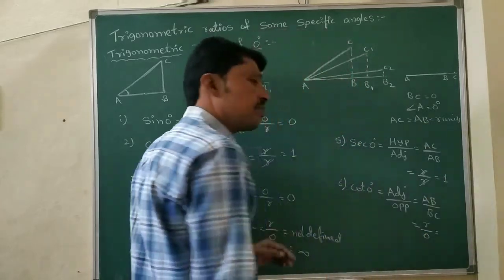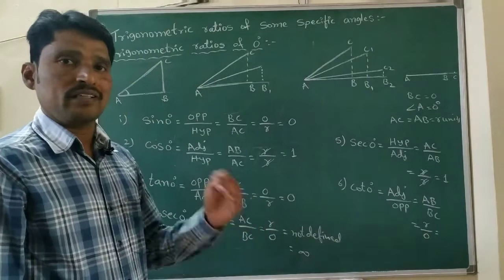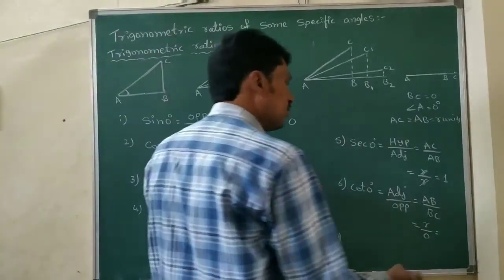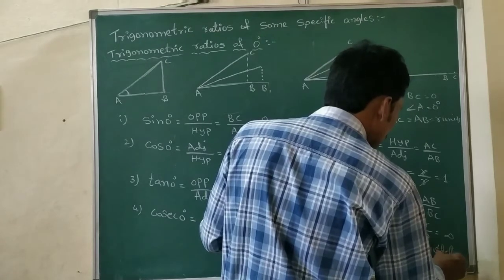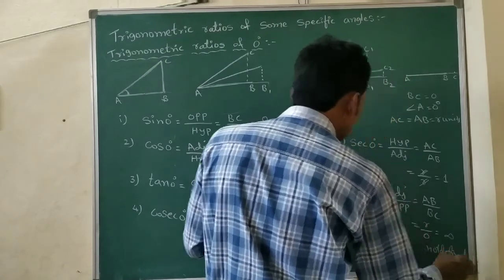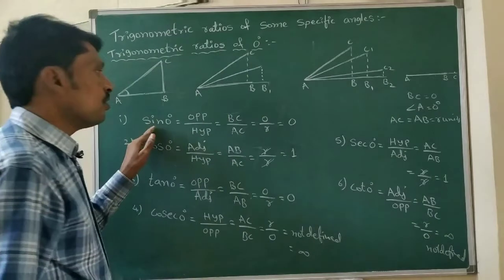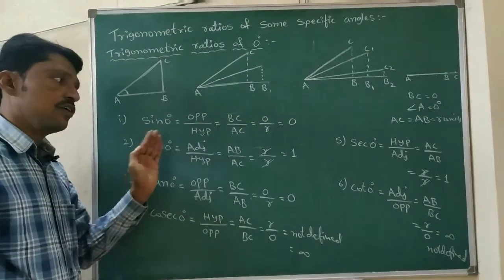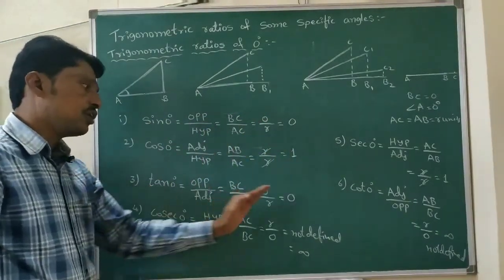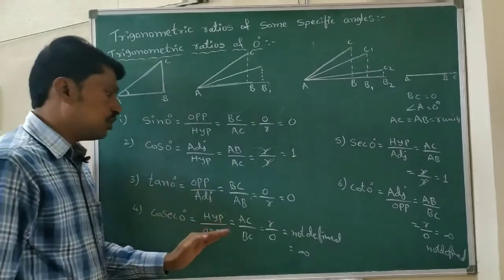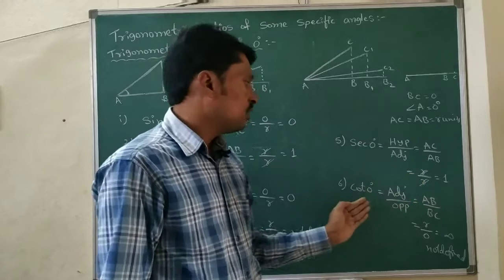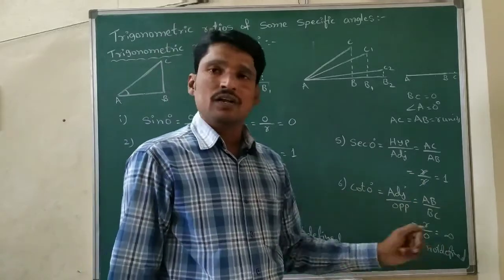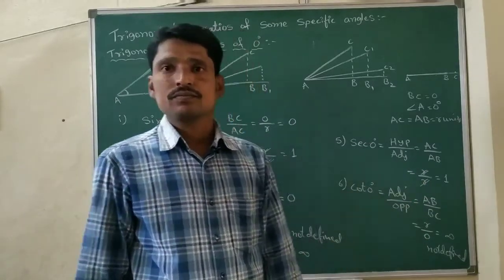So something by 0 means it is not defined, or infinity. So once again, repeating: sin 0 equals 0, cos 0 equals 1, tan 0 equals 0, cosec 0 equals infinity or not defined, sec 0 equals 1, cot 0 equals not defined or infinity.